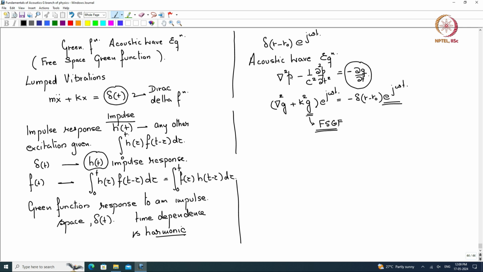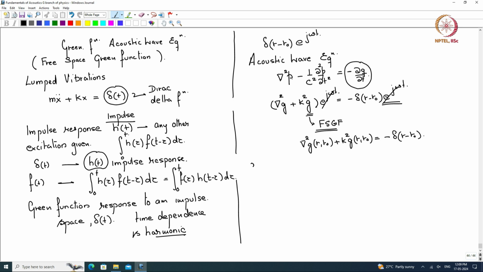If we cancel the temporal terms, del square G of r comma r0 plus k square G of r comma r0 is equal to minus delta of r minus r0.